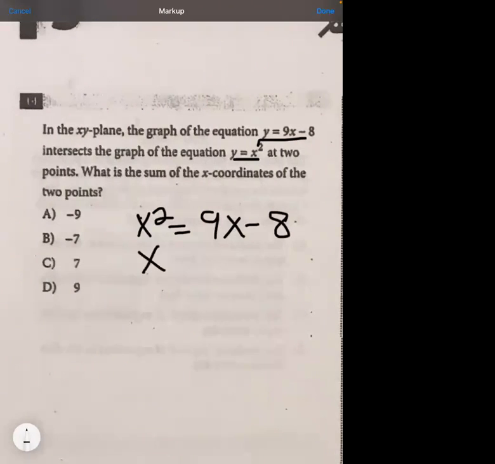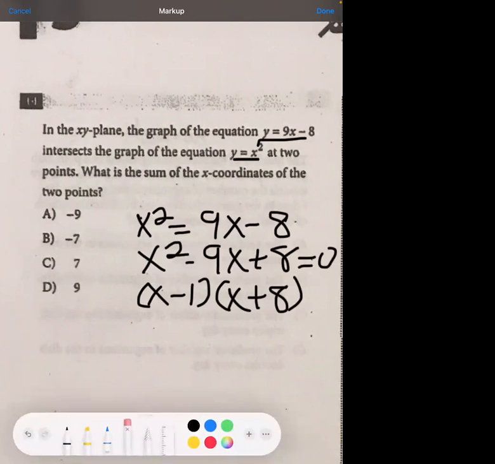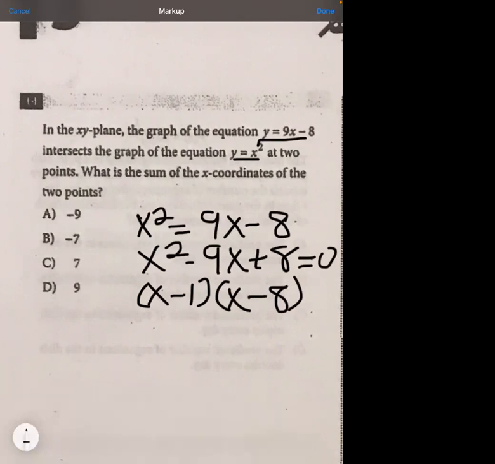We can move everything to one side, and we could solve. And then we will have to add these coordinates because they're asking for the sum.